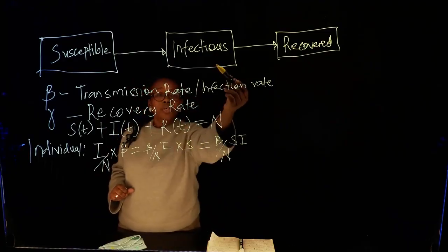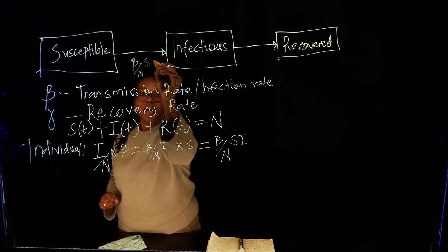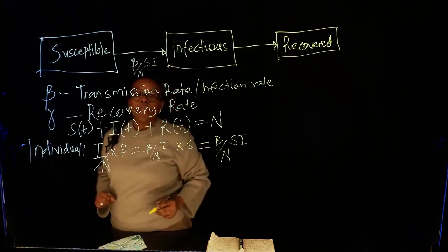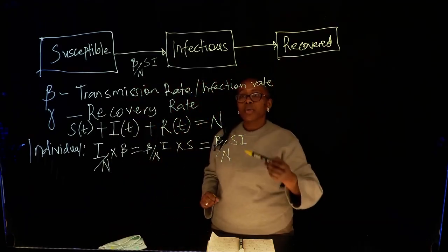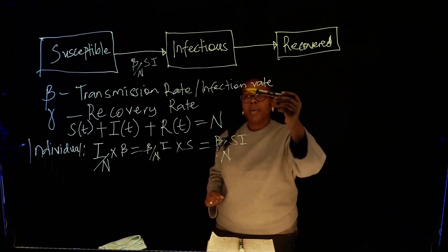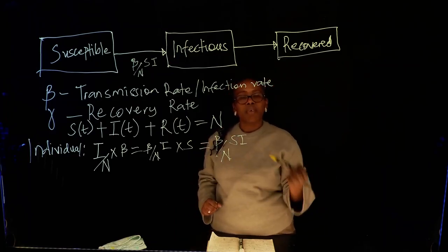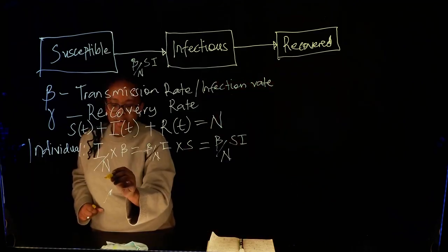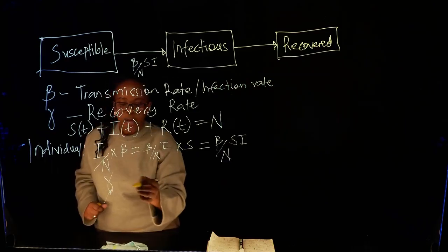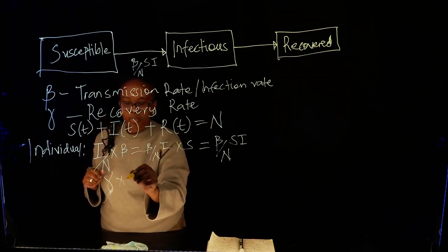So here we have beta out of N times SI. Then we move to the infectious compartment. For an individual member of the infectious compartment to move to the recovered compartment, we will have the recovery rate times the one individual, which is 1.